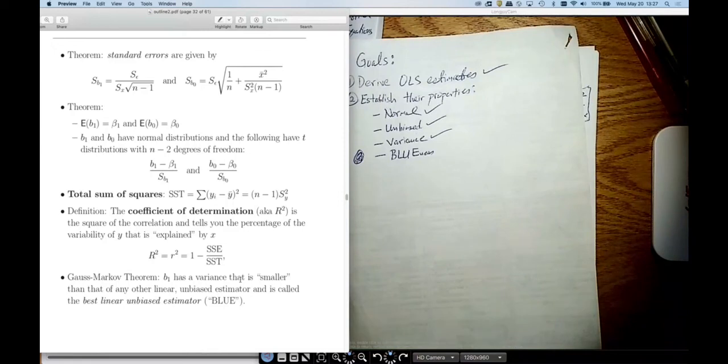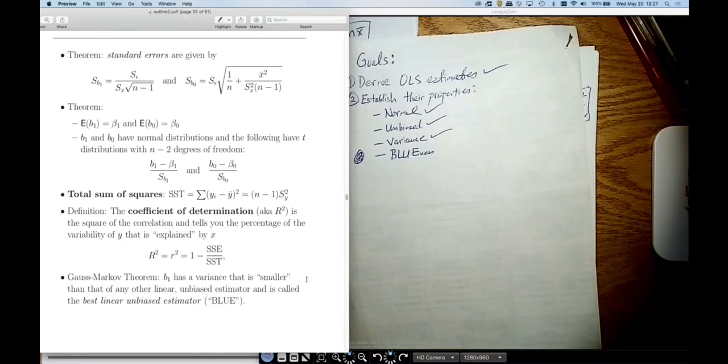I'm not going to prove that. That one's a bit more involved, but I am going to give you a homework problem that asks you to show it in a simple setting where you don't have the intercept. If you just have a slope, meaning a line through the origin, the Gauss-Markov result is much easier to understand and prove.